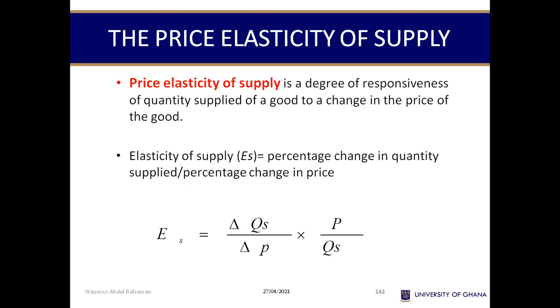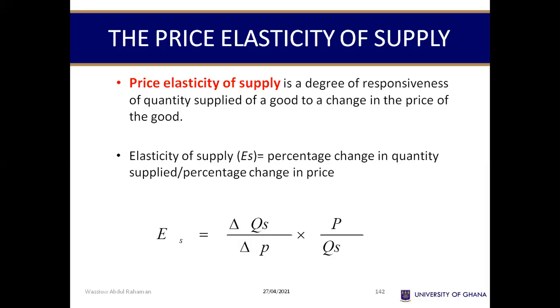So the same formula, it's just that now replace quantity demanded with quantity supply. So percentage change in quantity supply divided by the percentage change in price. And then we can simplify that formula to obtain the equation that you have on your screen, which is also similar to the case of demand.